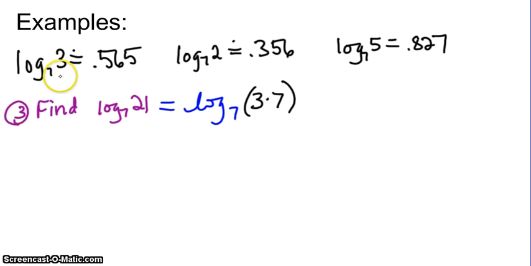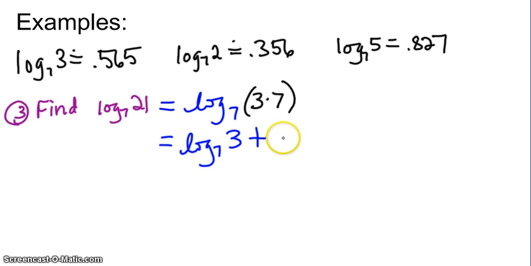Now I just said you have to have 3, 2, and 5, and now I'm putting a 7 there. But notice that the base is a 7. Watch this. I could say that's, by using the product property, log base 7 of 3 plus log base 7 of 7.